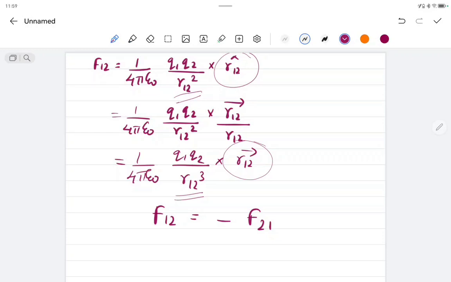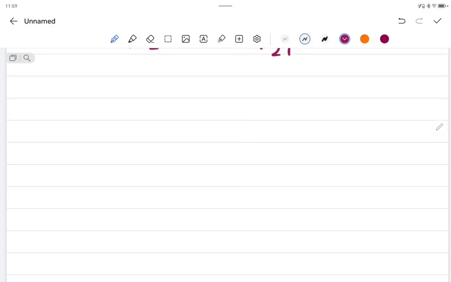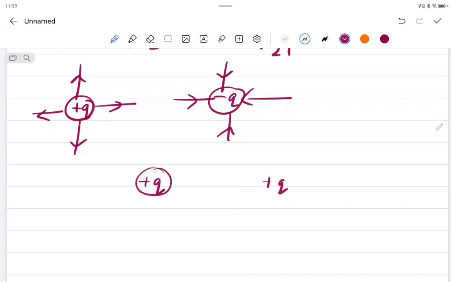Next is electric field lines. For a positive charge, the electric field lines move away. For a negative charge, they come towards the charge. If we take two positive charges, there is repulsion, so the field lines go away like this.